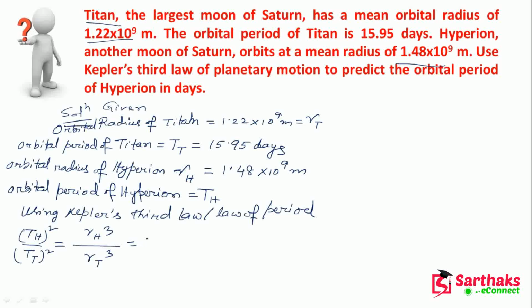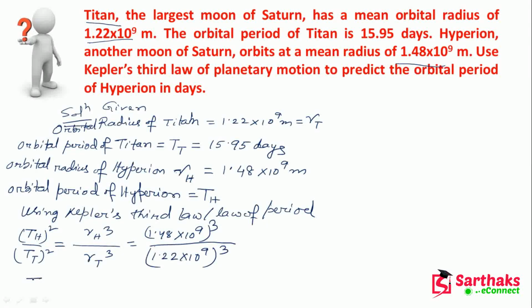Okay, now you put all the values, so you will get RH cube by RT cube, where RH is 1.48 into 10 to the power 9 whole cube, divided by RT whole cube, where RT is 1.22 into 10 to the power 9 whole cube.